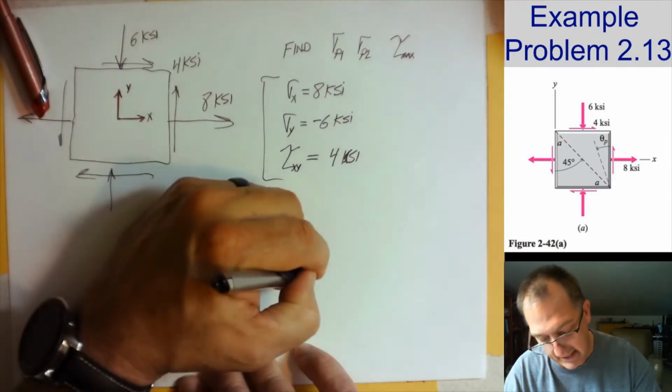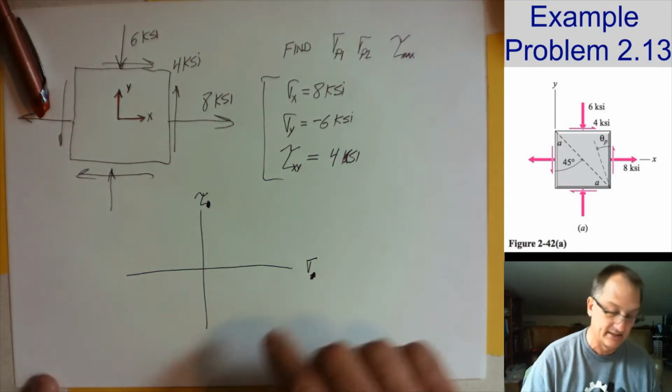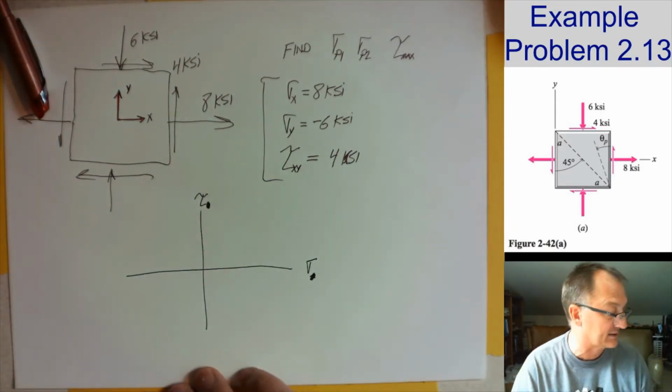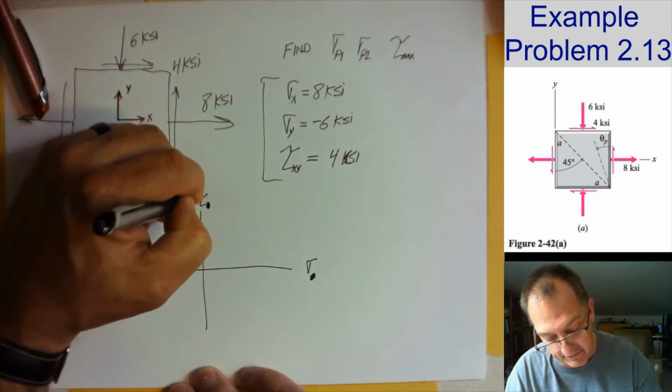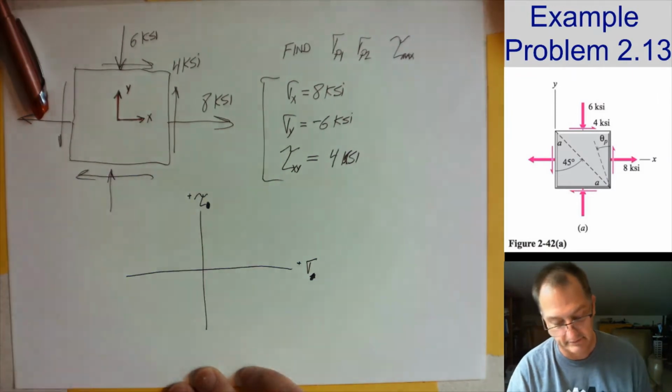It's not sigma n axis either. We're going to have that later. All right? And then it says with sigma n and tau nt positive to the right and upward respectively. So this is positive and this is positive.